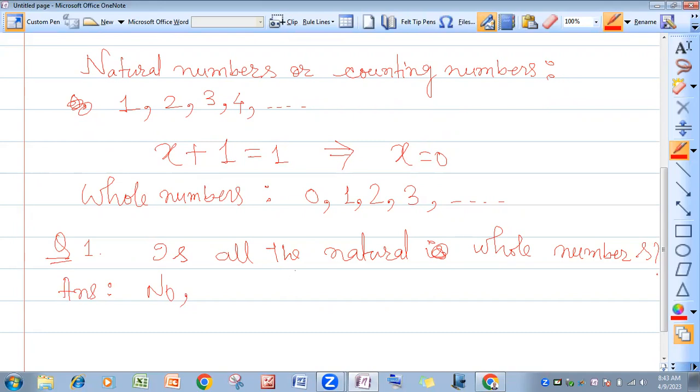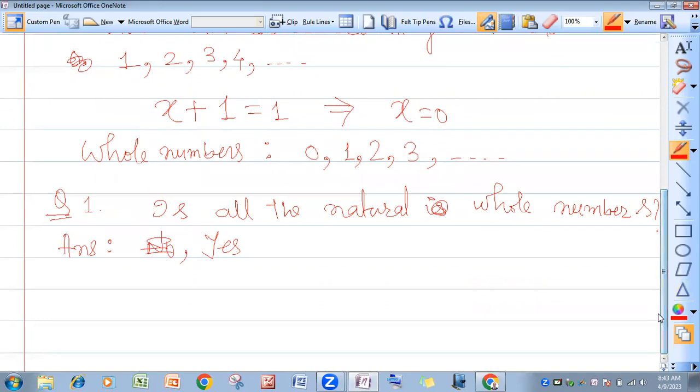Is every natural number a whole number? The answer will be yes here, because whole numbers contain all the natural numbers also.